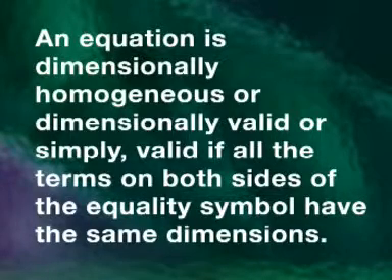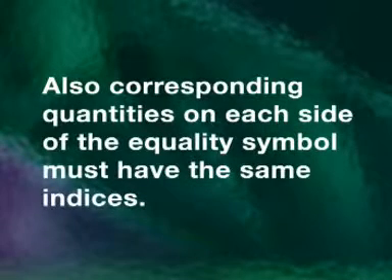An equation is dimensionally homogeneous, or dimensionally valid, or simply valid, if all the terms on both sides of the equality symbol have the same dimensions. Also, corresponding quantities on each side of the equality symbol must have the same indices.